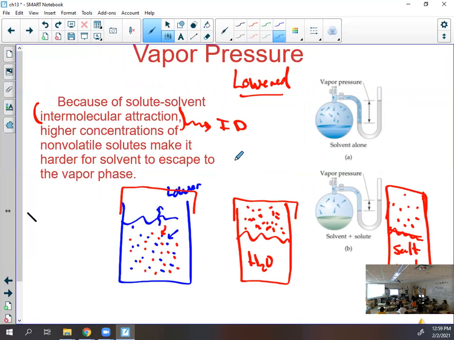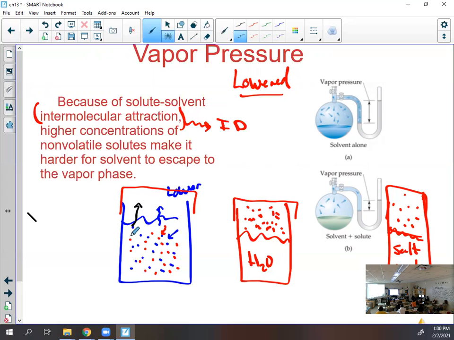Because of solute-solvent intermolecular attraction, higher concentrations of nonvolatile solutes make it harder for solvent to escape into the vapor. So, if you think this through, it will sort of make sense. Vapor pressure is when a water molecule or solvent particle leaves the liquid.